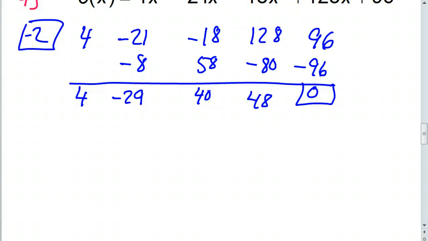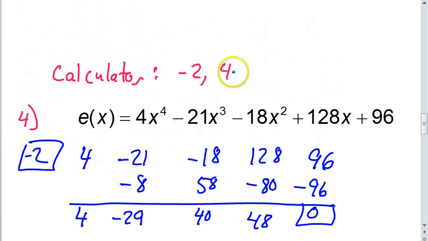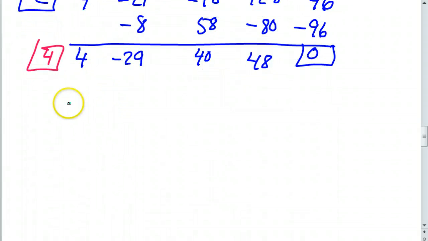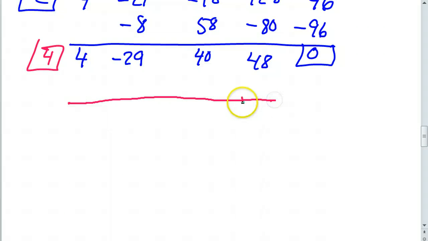All right, and now we're going to do the other zero that you would find from your calculator, which is 4. Okay, so here we go.